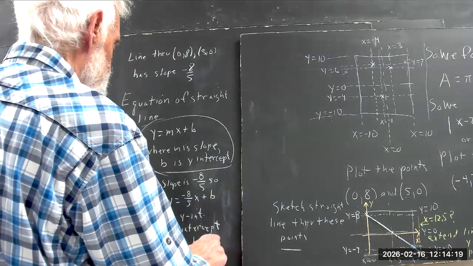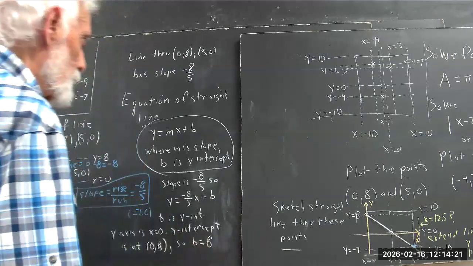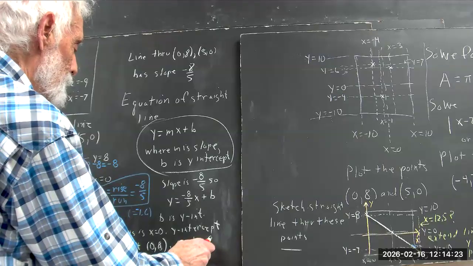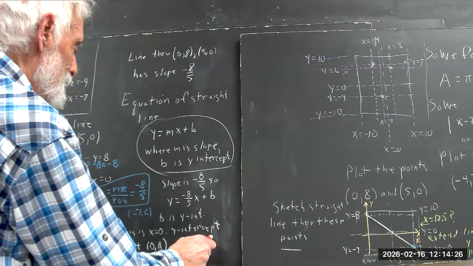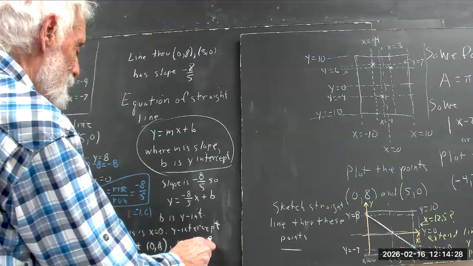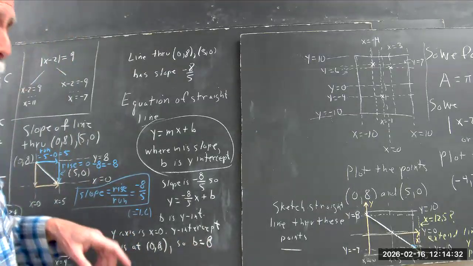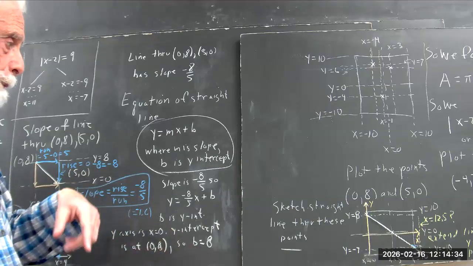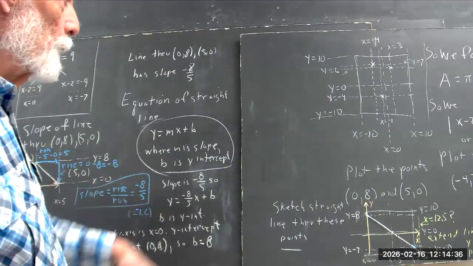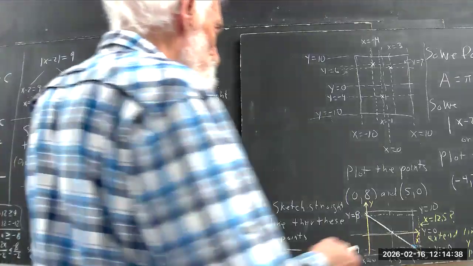So b equals 8. It looked like an 8. Looks like a really ugly 8. Okay? b equals 8. And now we know what the equation of the line is.